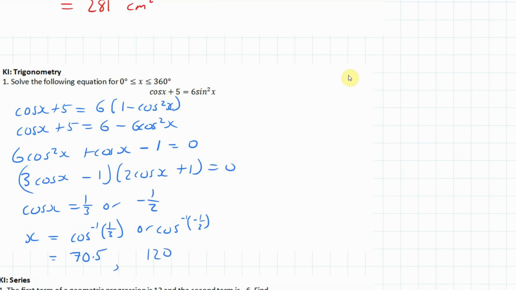Okay, so let's have a look. Here's our cosine graph. Here's 180. So we've got one at 70.5, which is about here. We should have one over here. And we've got one at 120 here, so we should have one here. To get this one, I can just subtract 70.5 from 360, using the symmetry.